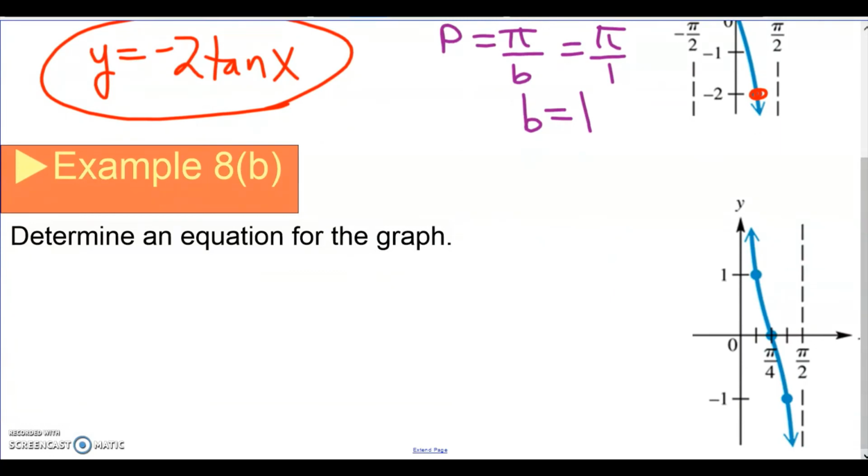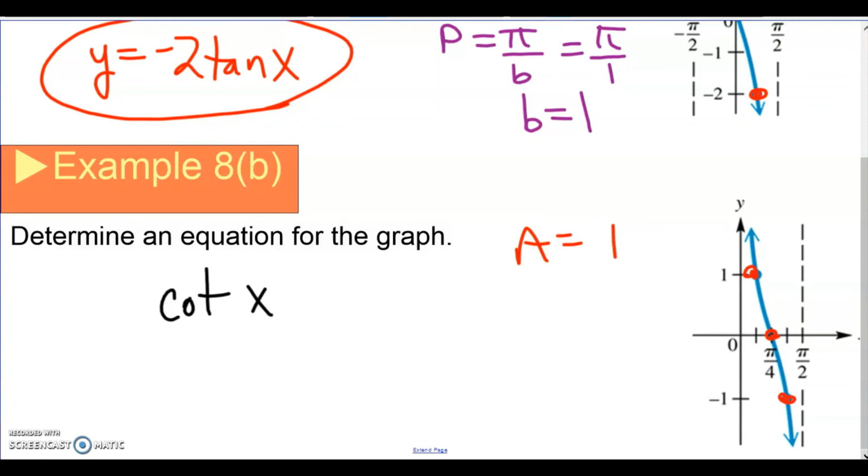Okay, we look at this next one. This one looks like a cotangent to me, okay? It doesn't go through the origin. It's decreasing. I feel like this one's a cotangent. So look at the A number. See how this is 1, 0, -1. A must equal 1.